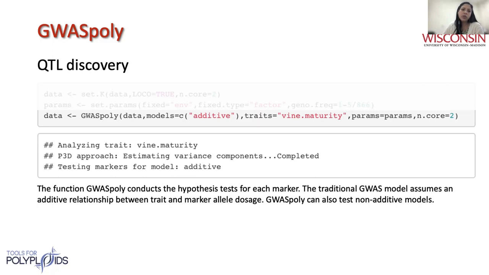And that's very important for some traits. For this example, I'm just using an additive model. And the trait that I have that is of interest for this study will be vine maturity. For the parameters, we will use the parameters that we set before, and the number of cores too that can be adjusted.